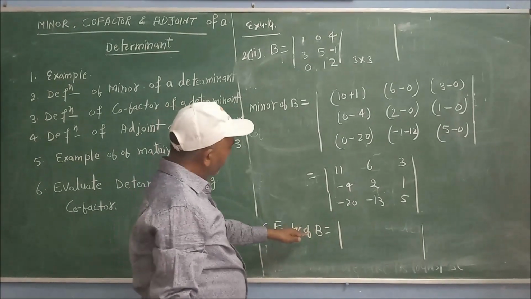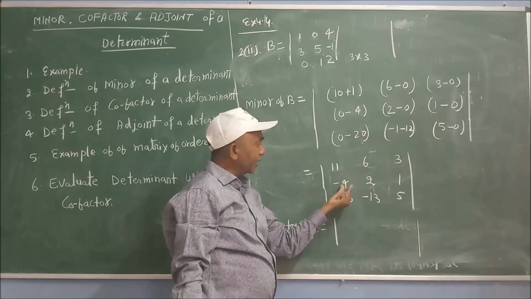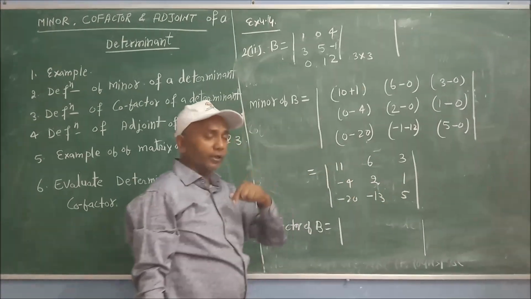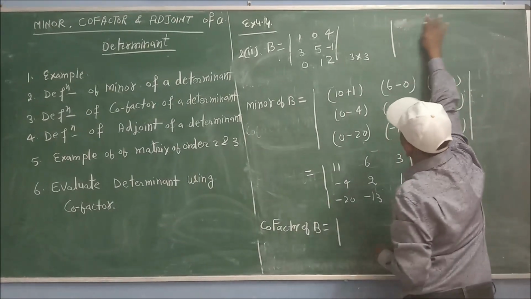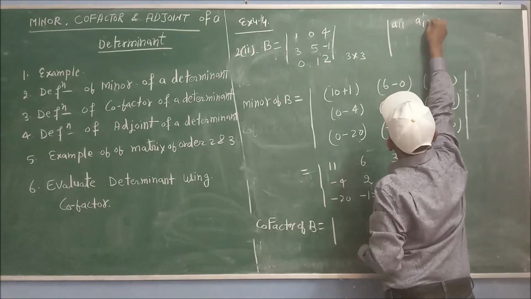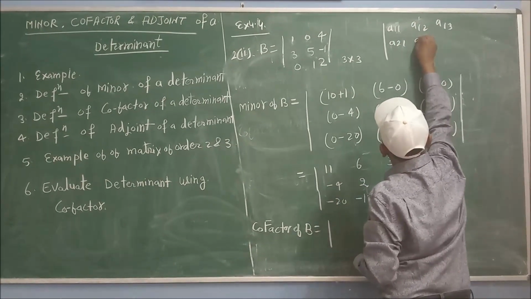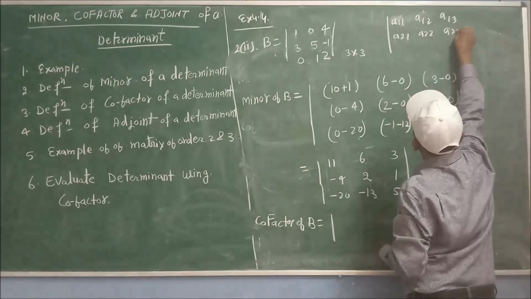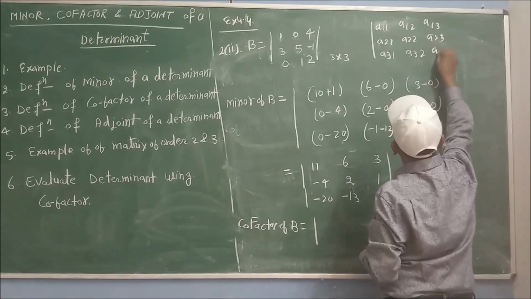To find the cofactor of B, we have to think what sign should be written against each element of this minor. To clarify, first write the standard form of a 3 cross 3 matrix: A11, A12, A13, A21, A22, A23, A31, A32, A33.